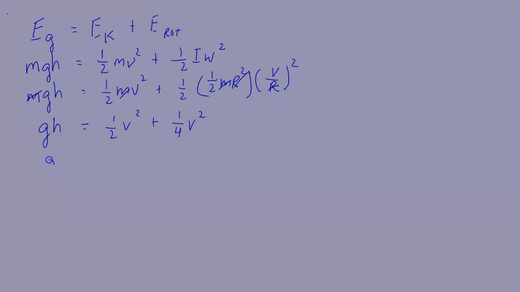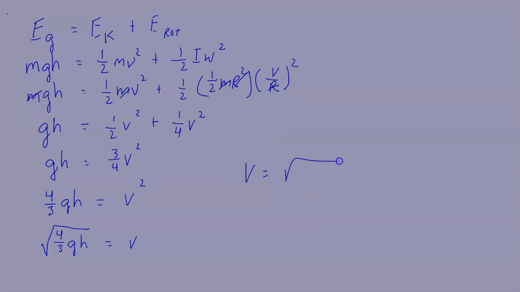And so we get gh is equal to 3/4 v squared. And so v squared is going to be 4/3 gh. And so v is going to equal the square root of 4/3 gh.